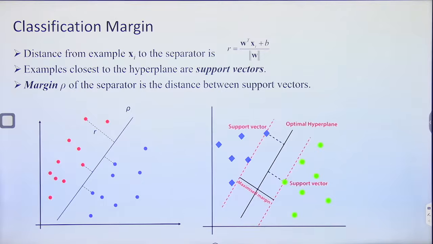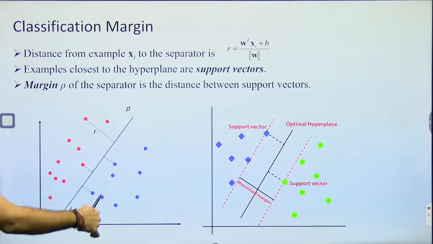So instead of fitting a sigmoid curve, it fits a hyperplane, and it tries to classify and differentiate the data. This is the class red and this is class blue, or we can say positive class and negative class.